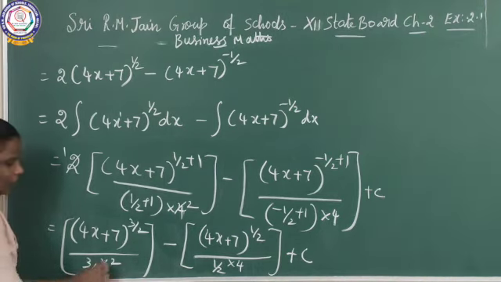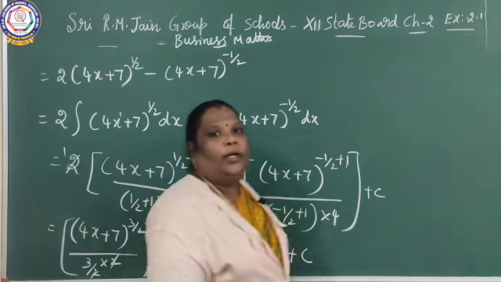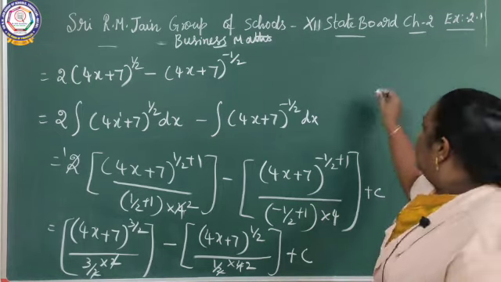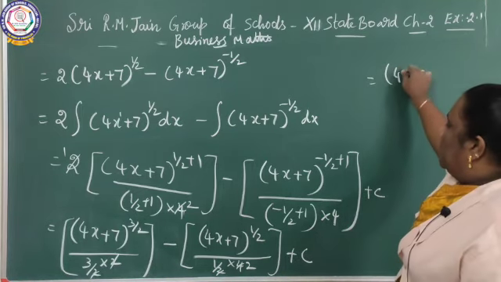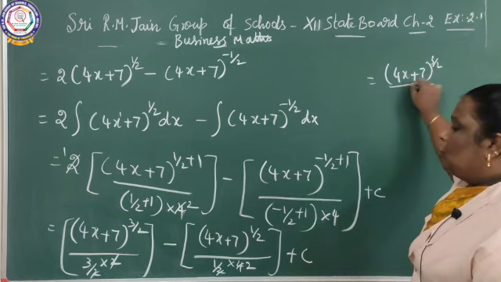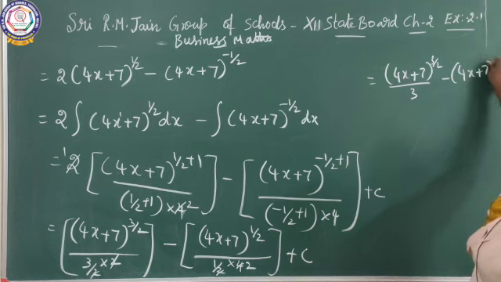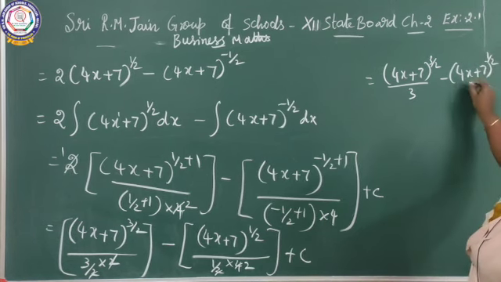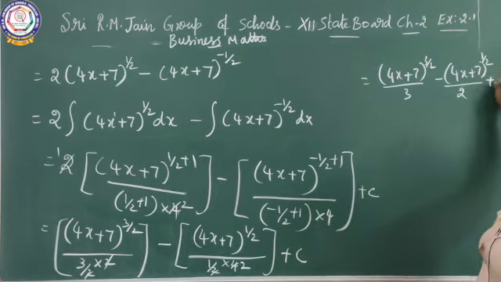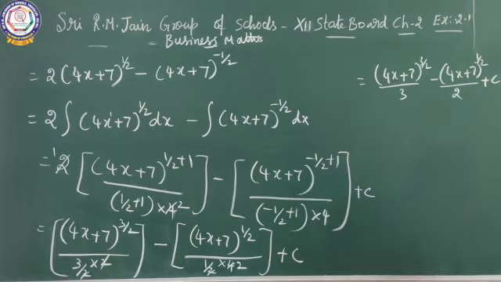See, 2 2 cancel, 2 1s are 2, 2 2s are 4. So what is the final answer here? (4x + 7) whole power 3 by 2 by 3 minus (4x + 7) whole power 1 by 2 by 2 plus c. So this is the final answer.